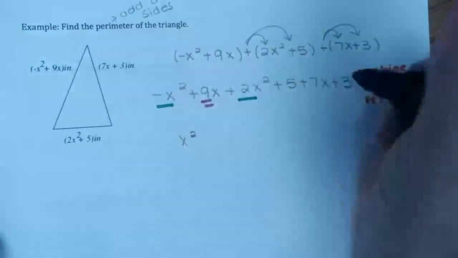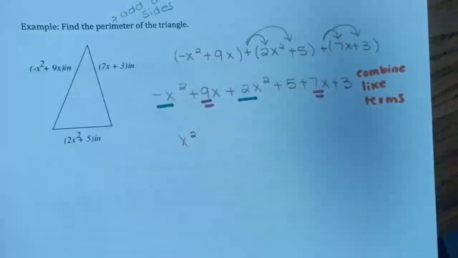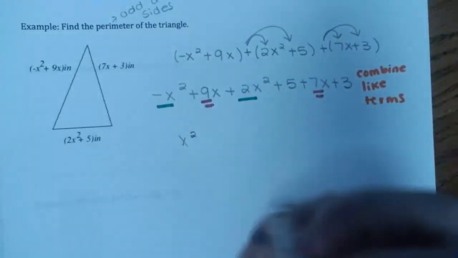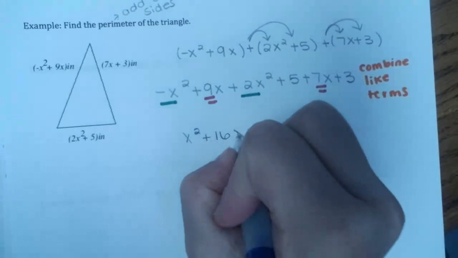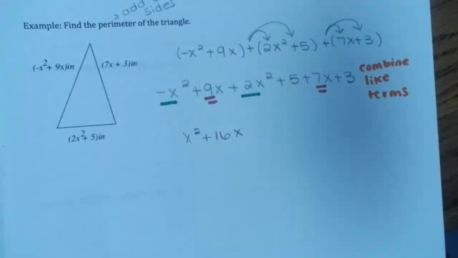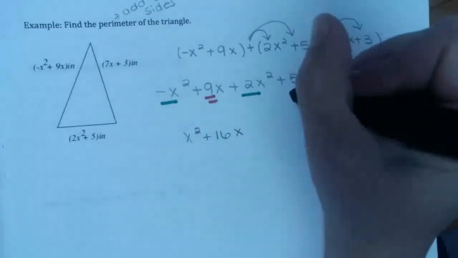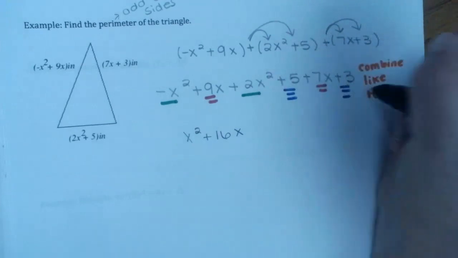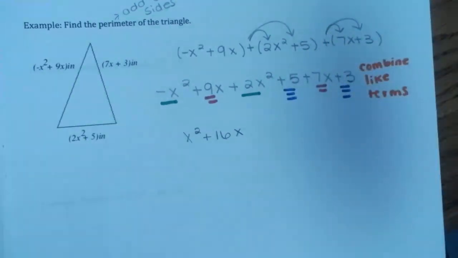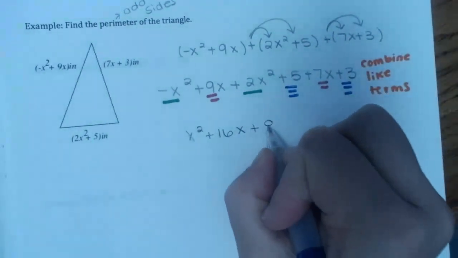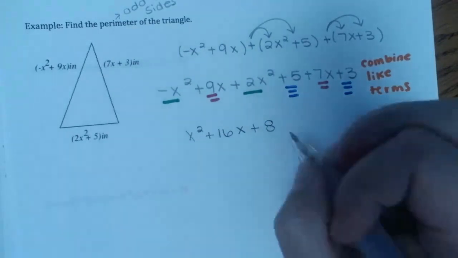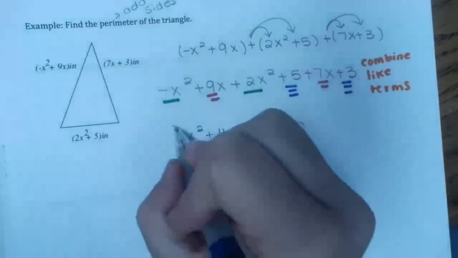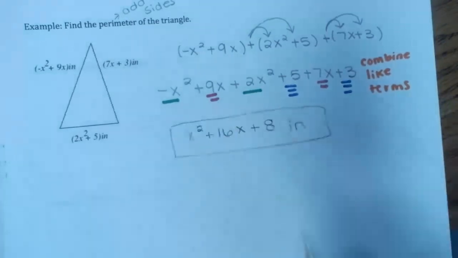Next we have 9x plus 7x, which would give us 16x. So positive 16x. And then last but not least, we have 5 plus 3, which would give us positive 8. So I have x squared plus 16x plus 8, and then inches. Everything's in inches would be our perimeter.